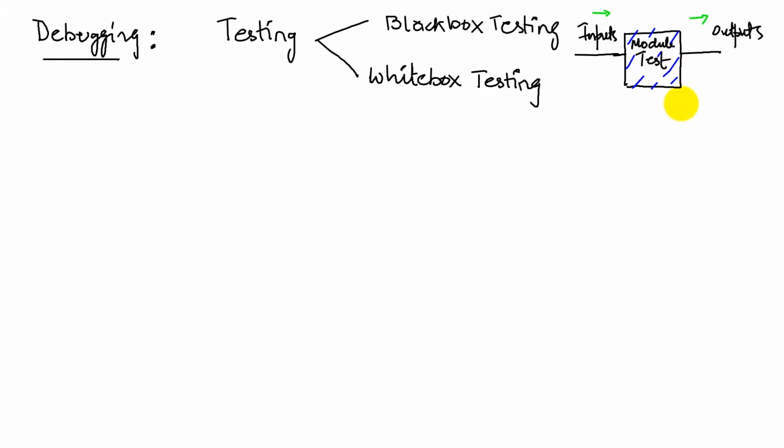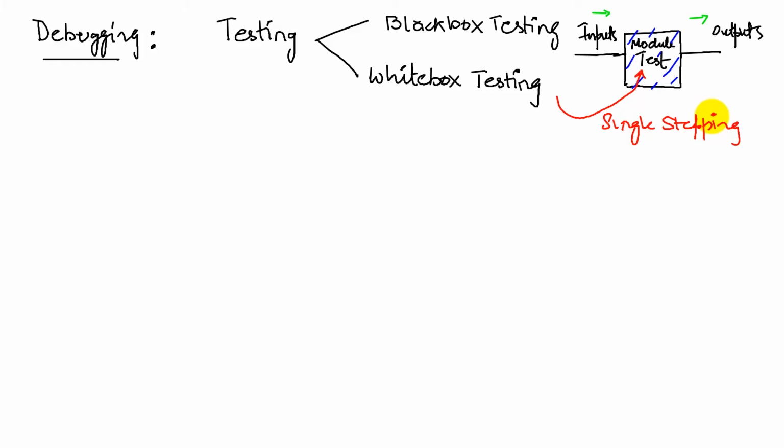So in white box testing, then, we actually enter the box, if you will, and we open the box and we step through it. So it's usually done through what we call single stepping through the code. So that's white box testing.